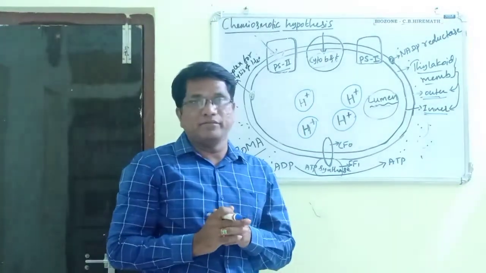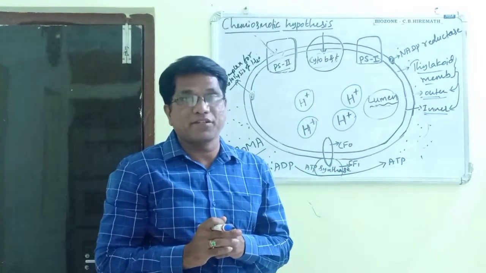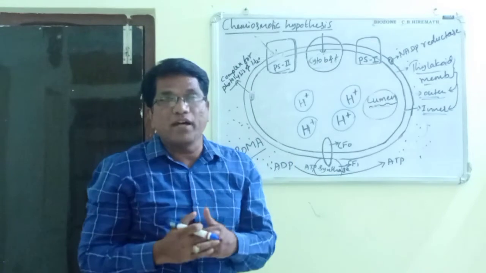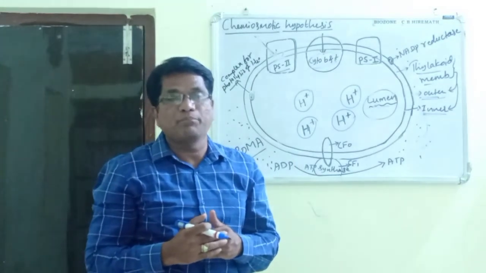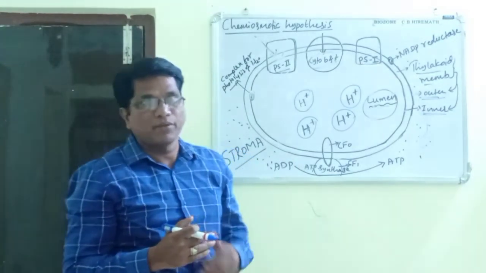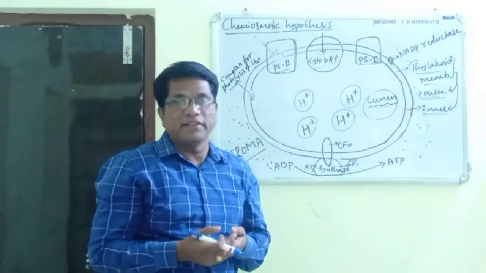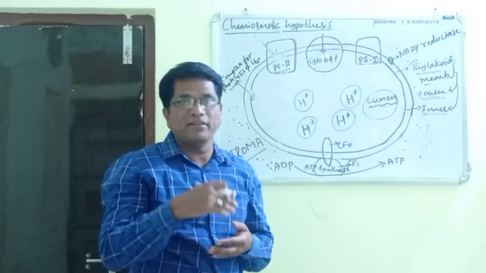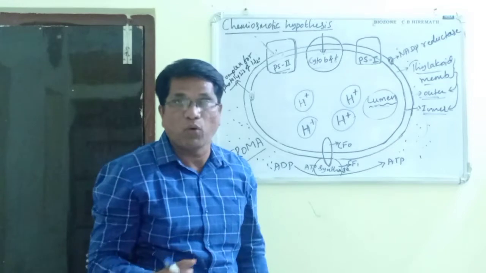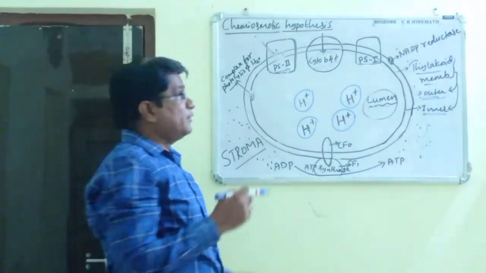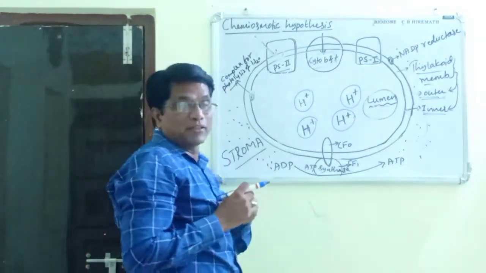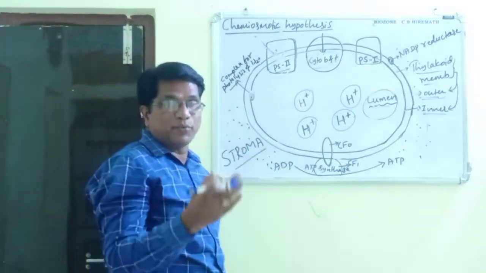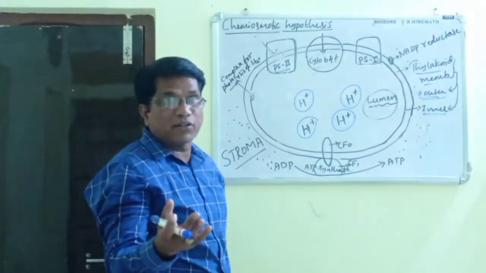You have studied in non-cyclic photophosphorylation that whenever solar radiations fall on pigment system complexes, the electrons are released by the chloropigments and these electrons are transported from one molecule to another. In this pathway, the electrons are transported to different electron carriers.